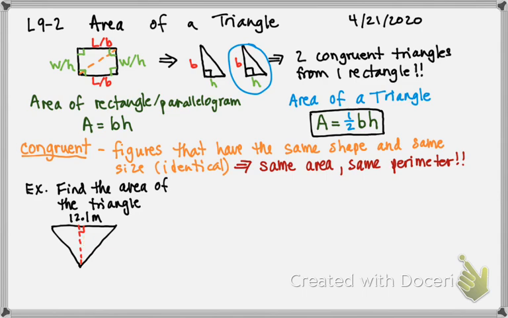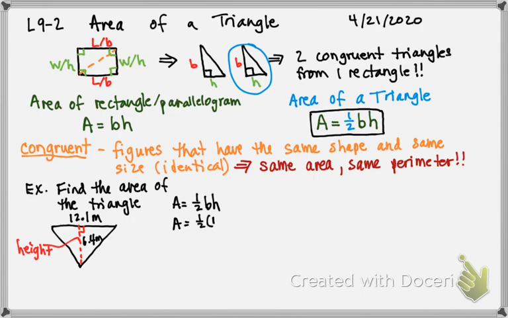Okay, so I'm going to erase that, and I'll put over here, height. And then we'll give it a number of 6.4 meters. Okay. So our area for a triangle is 1/2 that of a parallelogram or a rectangle. So we're just going to go ahead and plug in the numbers.